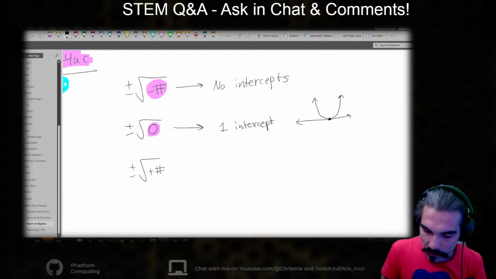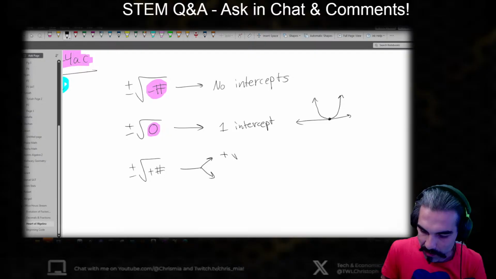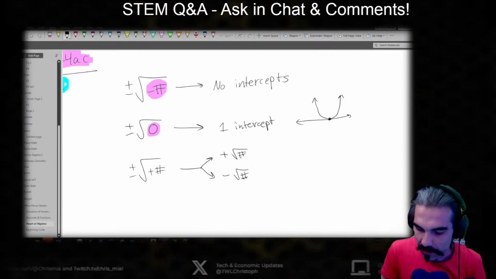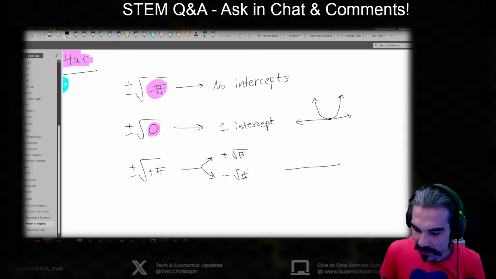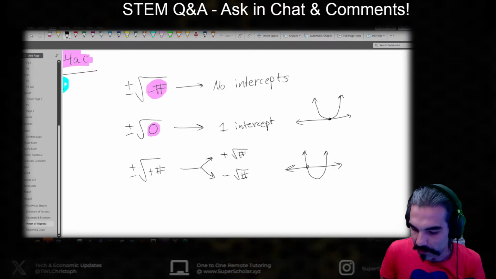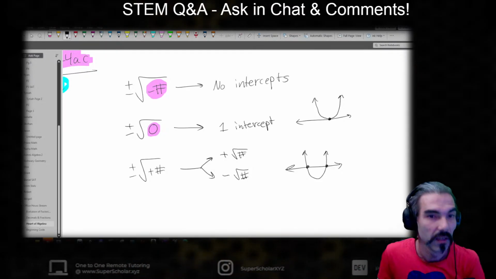And in that case, we would get possibly two answers, a positive square root of that number and a negative square root of that number. Two x values, which in that visual representation is basically a parabola directly flowing through our x and coming back up through the x-axis, hitting it twice.